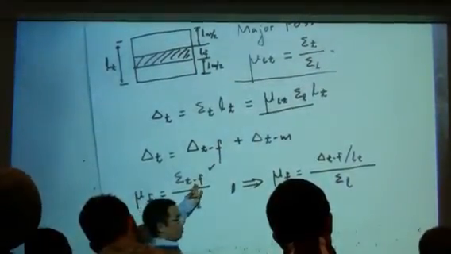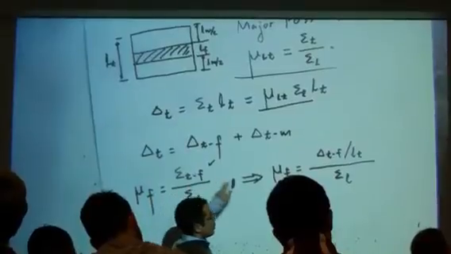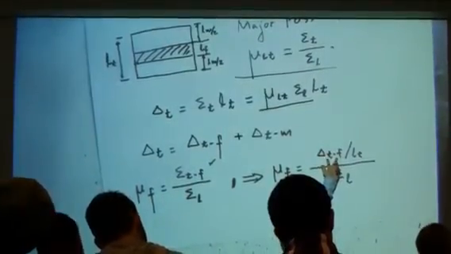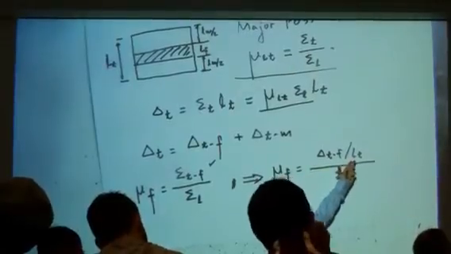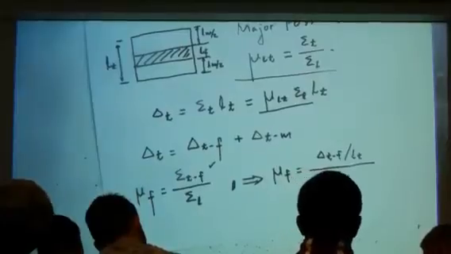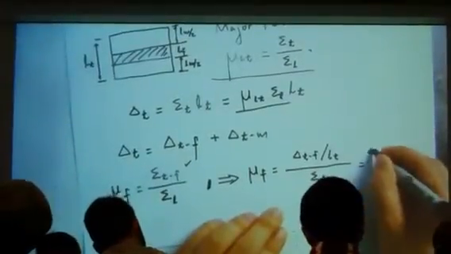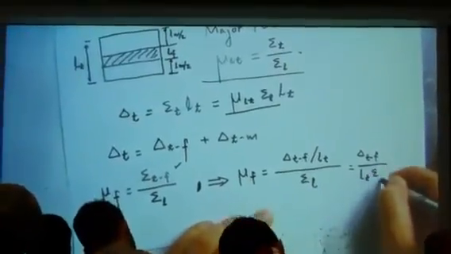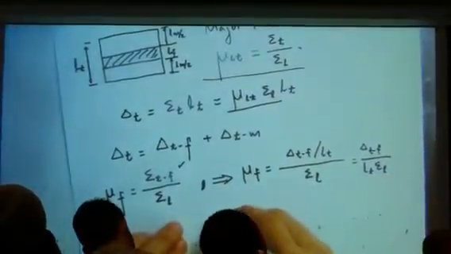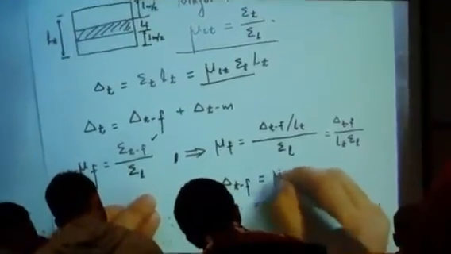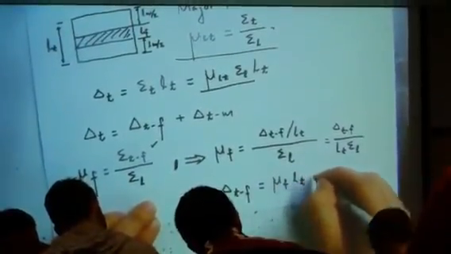The strain of the filaments along transverse direction is the elongation of filaments along transverse direction divided by its original height, LT. Right? So it's equal to delta TF over LT epsilon L. And from this equation, you can derive delta TF equal to mu F LT epsilon L.